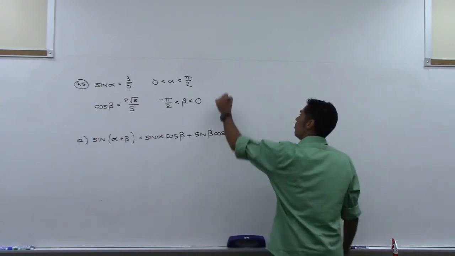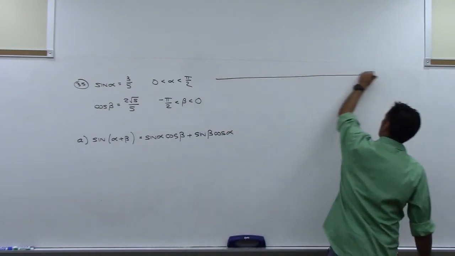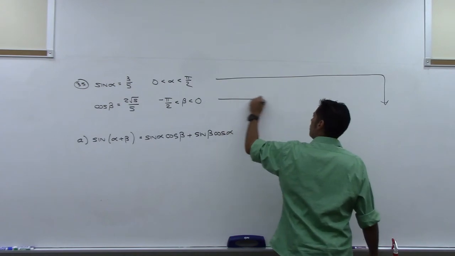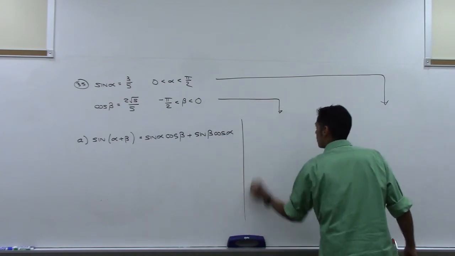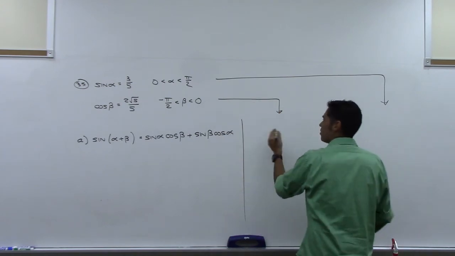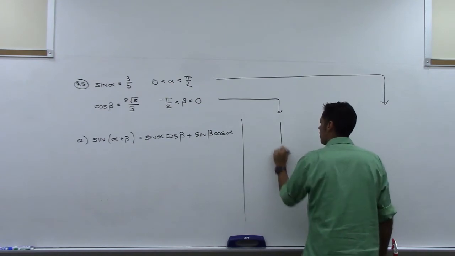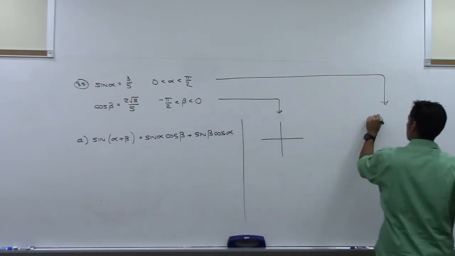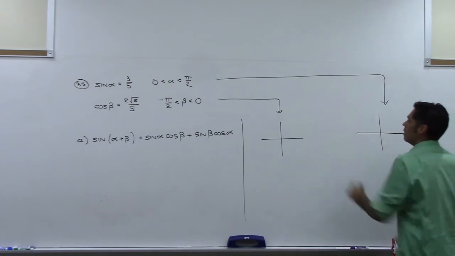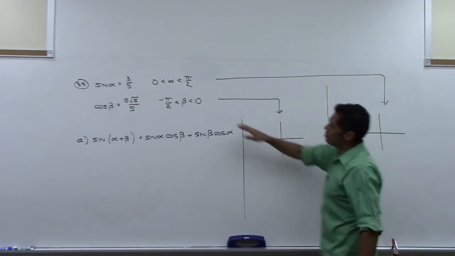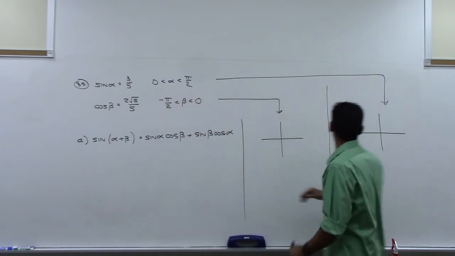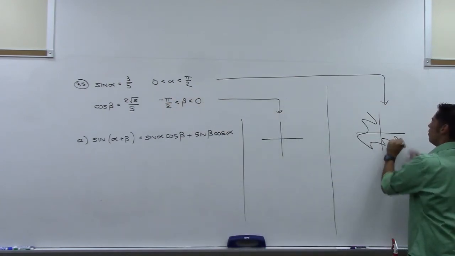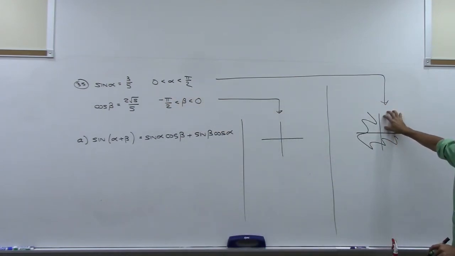So this is where we're going to do little reference triangles for these. All right, so I'm going to start off by thinking about where I am. Let's do the top one first. Okay, this one over here. So for this one, I'm in between 0 and pi over 2. So I'm over here. And sine is positive, so yeah, that makes sense.